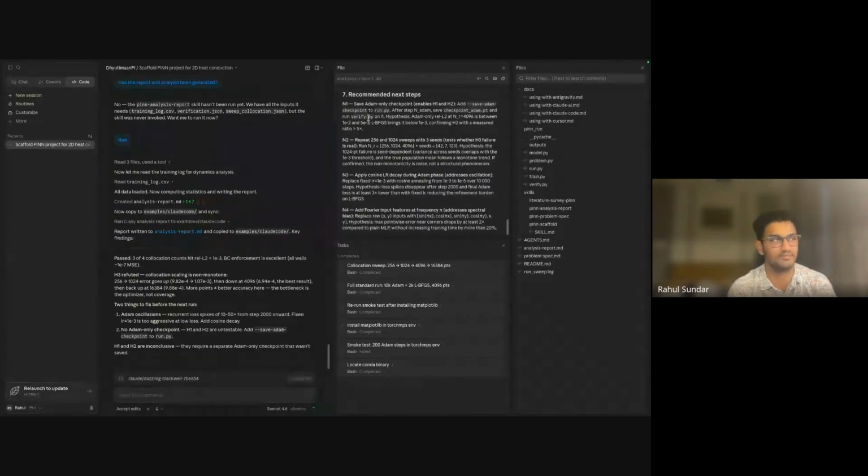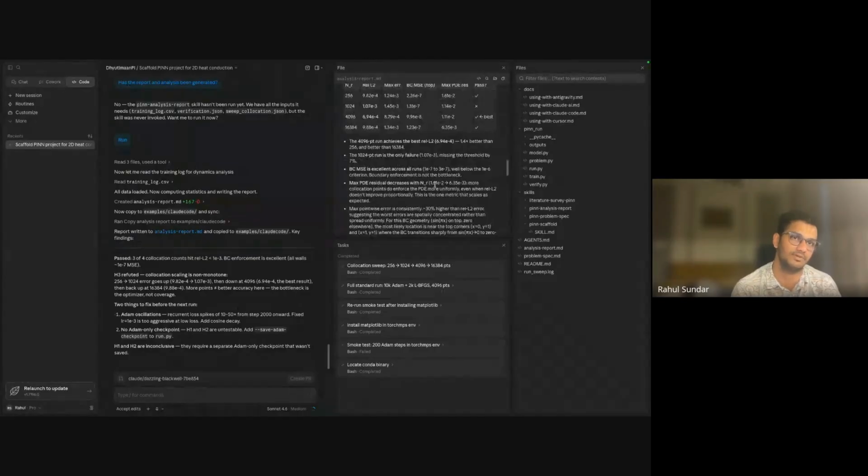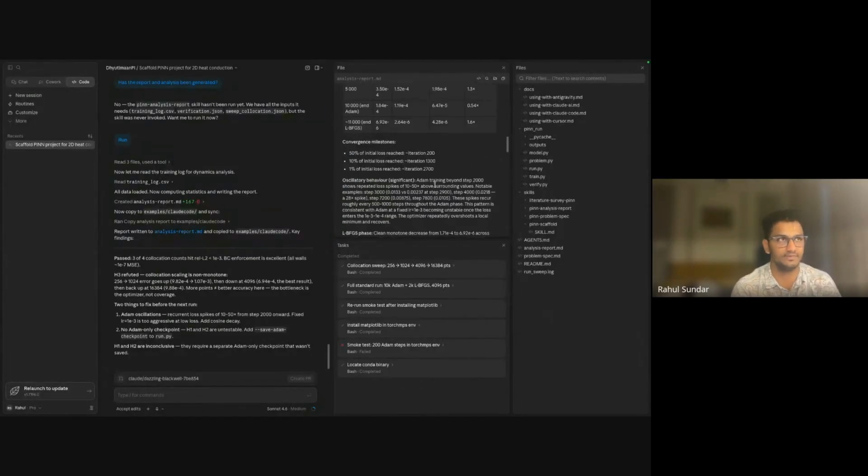Okay, save Adam-only checkpoint, then look at LBFGS-based checkpoint, repeat certain sampling to know whether it's just a single run artifact, or you do it with multiple seeds and then you see a monotonic trend or not, and what kind of decays you could use, add Fourier inputs as features, and so on. So it gives you immediate next steps based on what it was not able to conclude on, which is very helpful, which is typically how you would proceed on carrying out next experiments to further validate the hypothesis.